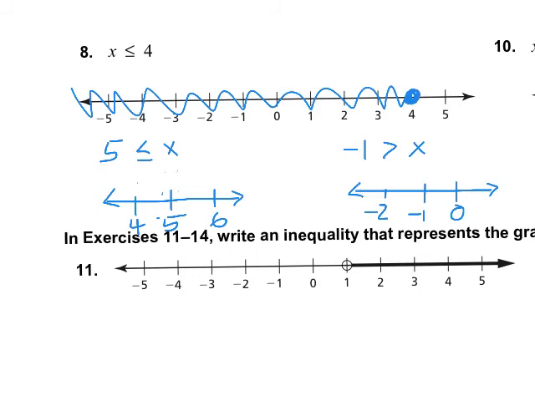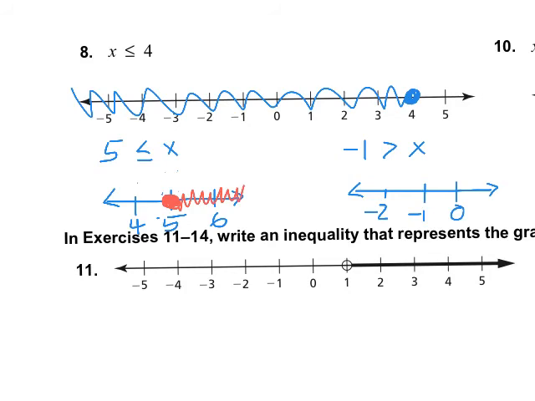So you might be tempted when you look at this problem to say, oh, that's a less than sign, so I'm shading back to the left. But that would actually be incorrect, because this says x is bigger than 5. So I'm going to have a closed dot because of the equal to part. And it says x is bigger, so we're shading over to the right.